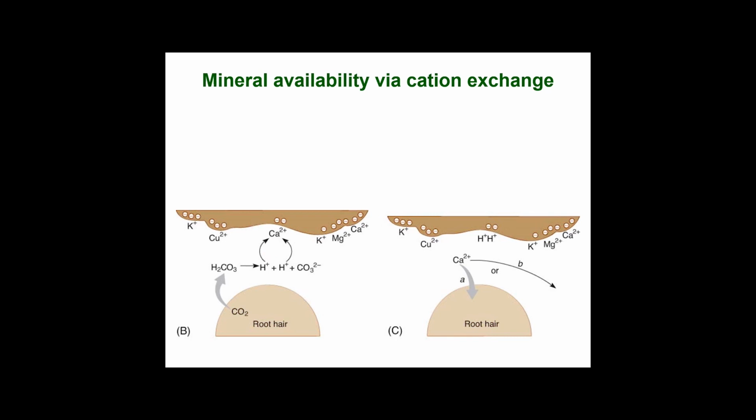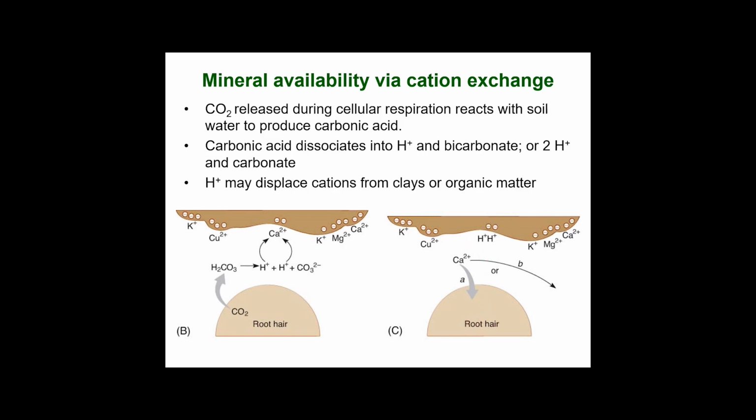And that's what you see in letter C here. This cation, calcium, has been driven off the soil by these two hydrogen ions, and the calcium then can be taken up by the root. And this is just simply summarized here in the text.